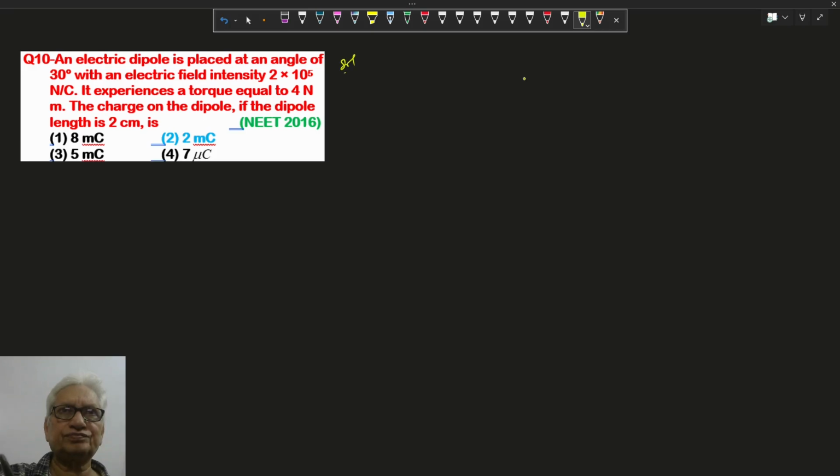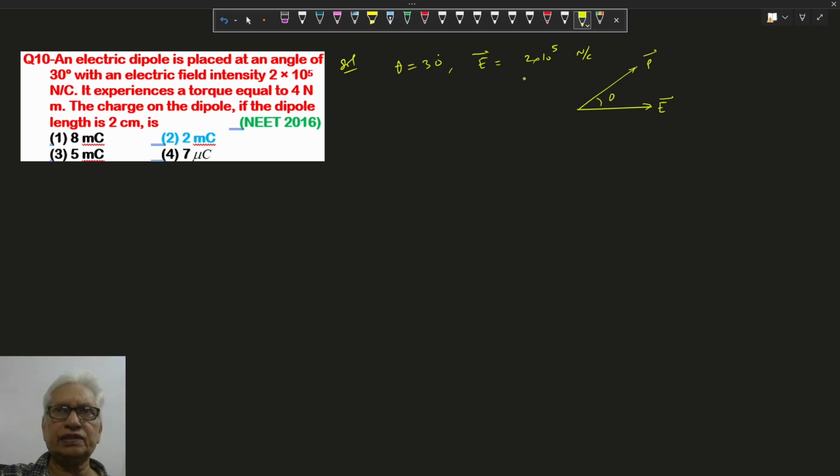Question. An electrical dipole is placed at an angle of 30 degrees with an electrical field of 2 into 10 to the power 5 newton per coulomb. Let us say this is along the x-axis and P is in this direction.